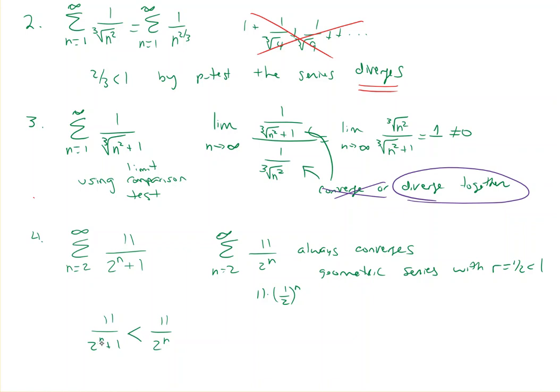This guy on the left is smaller than this guy on the right. This guy here converges. Therefore, this guy also converges by the comparison test.